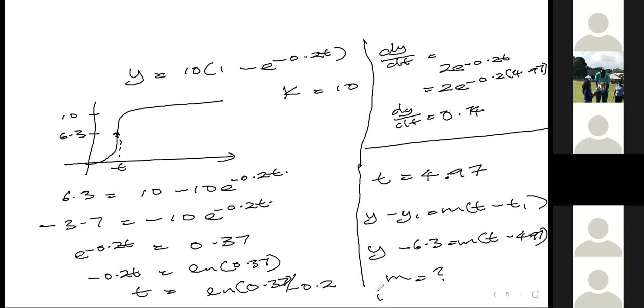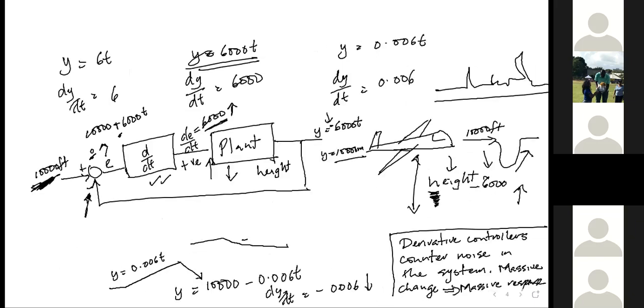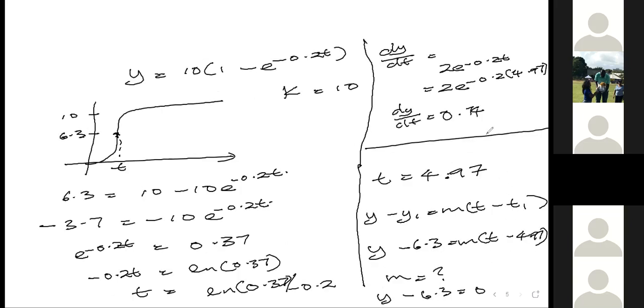So therefore y minus 6.3 equals 0.7. Well, what am I saying? Hold on, go back over there. Oh, you get 0.74 there again. Oh, you just plug in everything. Yeah, okay.